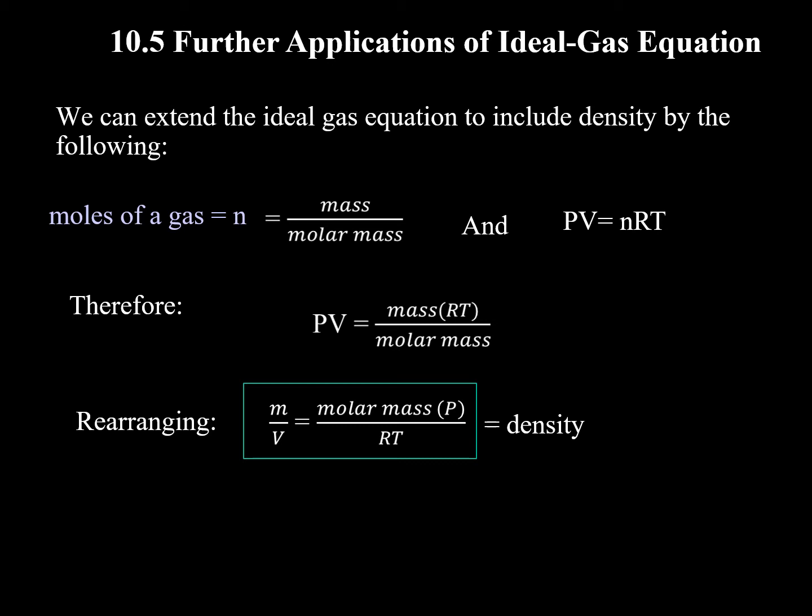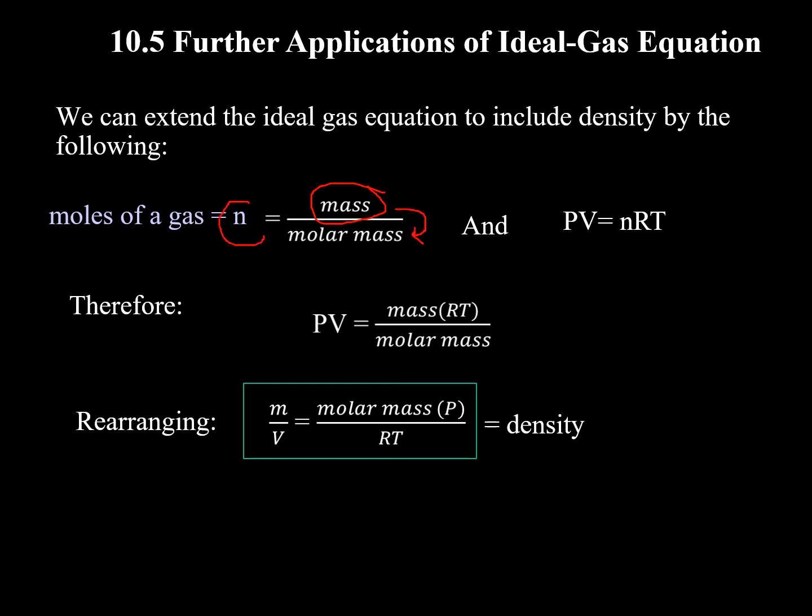Another idea we can use is to find the density, because we know from chapter 1, density is mass over volume. So we can rewrite this formula. If you remember from our roadmap, if we're given the mass and we want to find the moles, we divide by the molar mass using the periodic table.